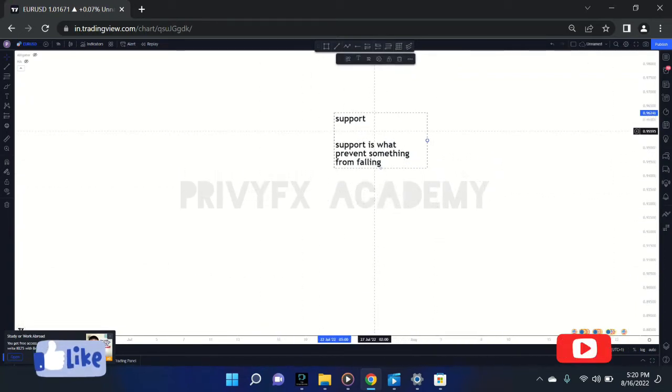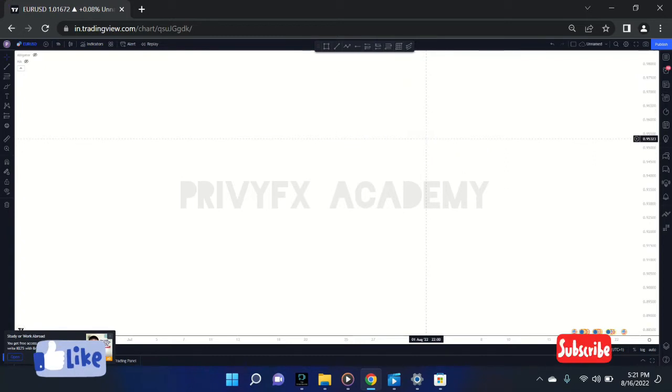And what's a resistance? A resistance is something that prevents something from going further or something from growing. Same is applicable to forex. There's no other definition for this. That's the way it is in forex. So let's go to support.